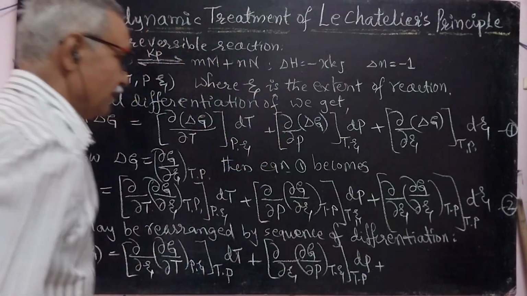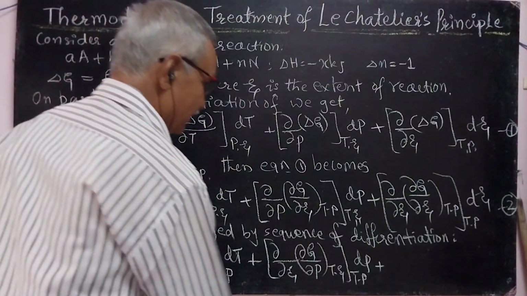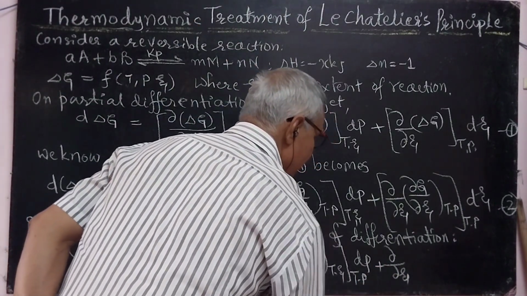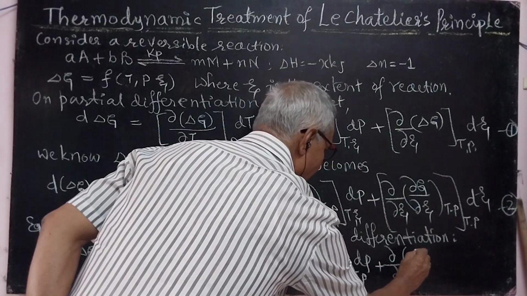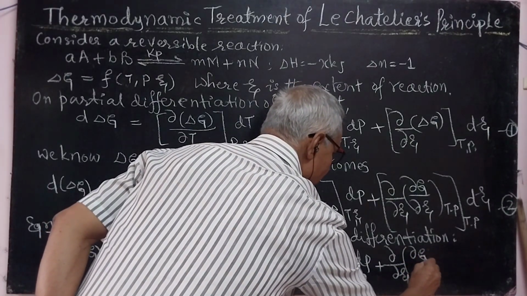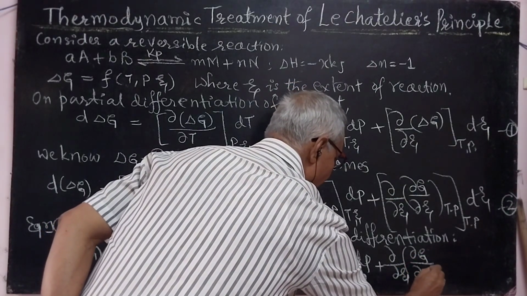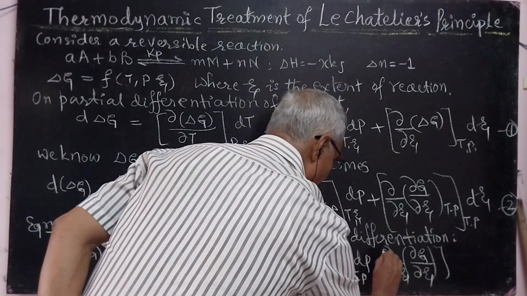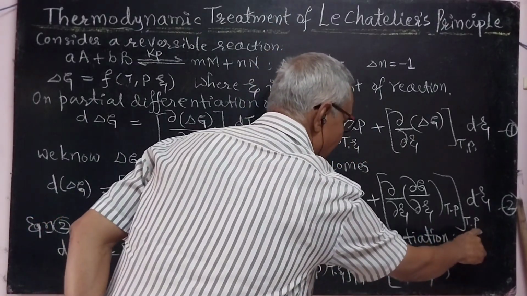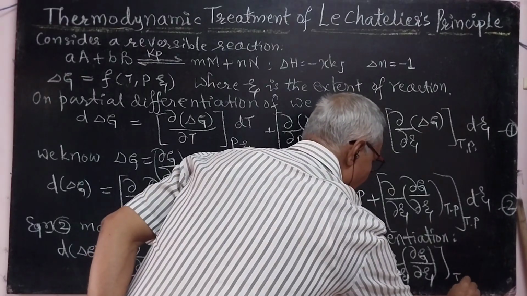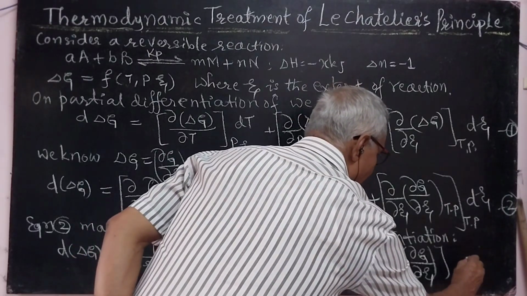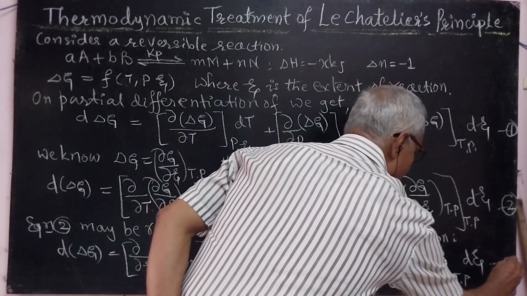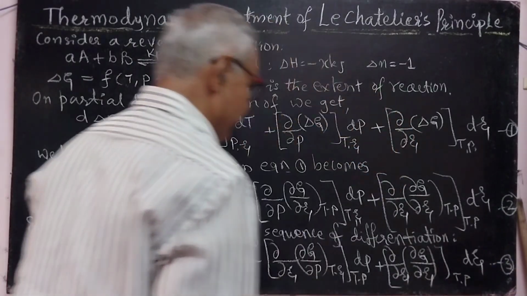Plus this term remains as it is, dou by dou epsilon of the bracket dou G by dou epsilon, where both temperature and pressure are constant. We may keep both temperature and pressure constant on the outside. Suppose this is equation 3.